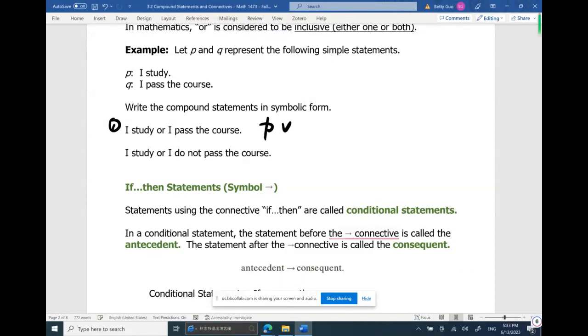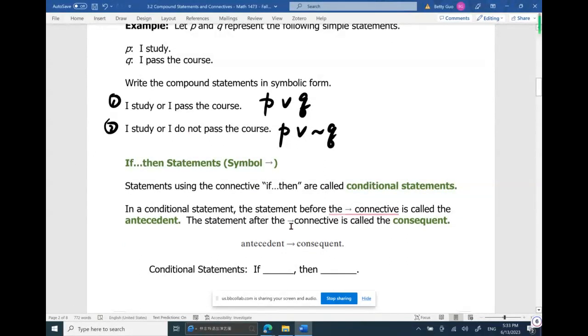So P or Q. Very straightforward, right? The structure of the compound statement is very straightforward. The second statement: I study or I do not pass the course. I study is P, or I do not pass the course, not Q. So P or not Q.